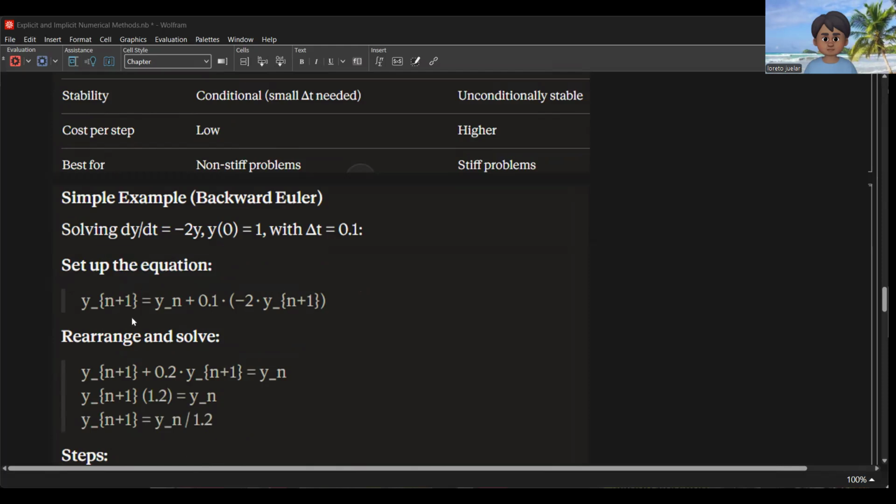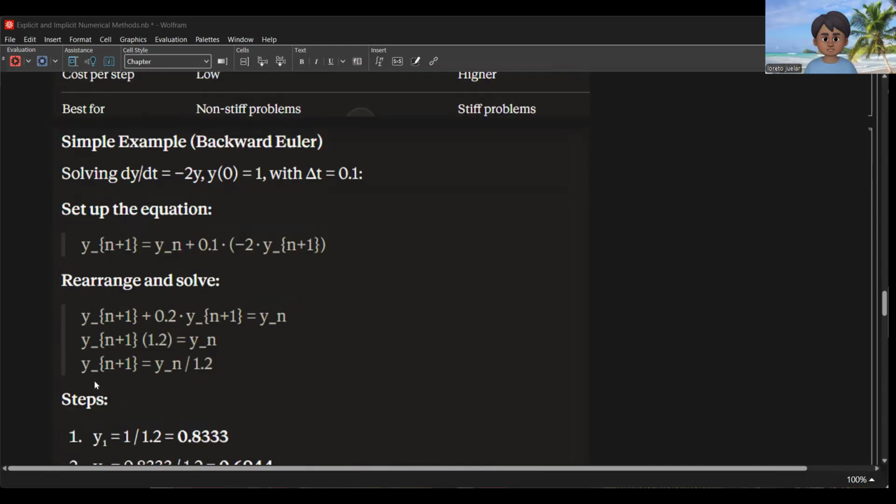So y sub n plus 1 equal to y sub n plus 0.1 times the derivative here, negative 2 y sub n plus 1. So we have to arrange and solve for the y sub n plus 1. So the y sub n plus 1 equal to y sub n over 1.2.